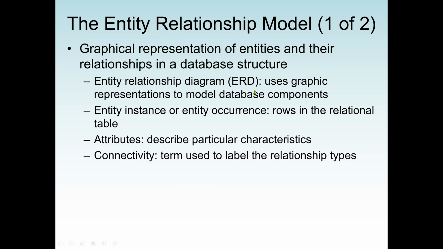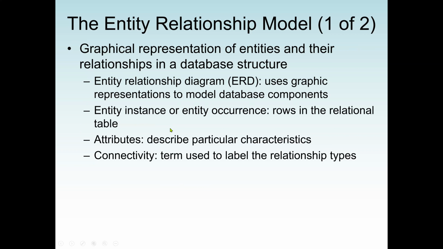Within the attributes, we may have the data type of the attribute, whether it's a primary key, secondary key, or a candidate key, etc. So first, we should know what an entity relationship model is, which is a graphical representation of entities and their relationships in a database structure.